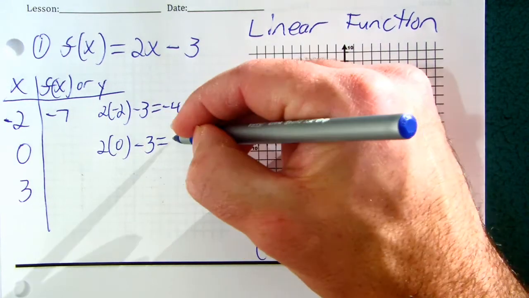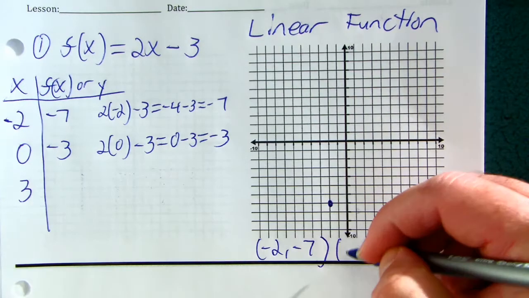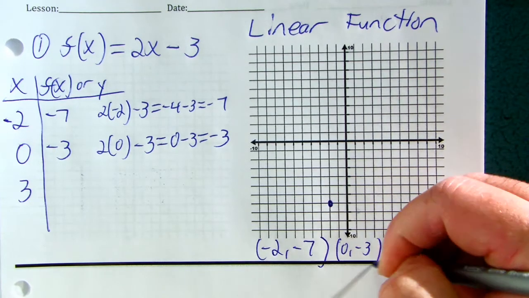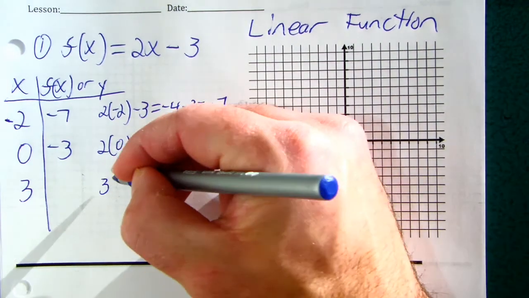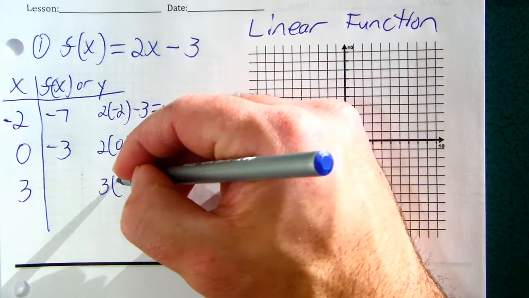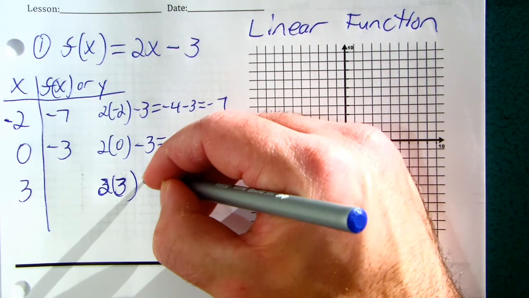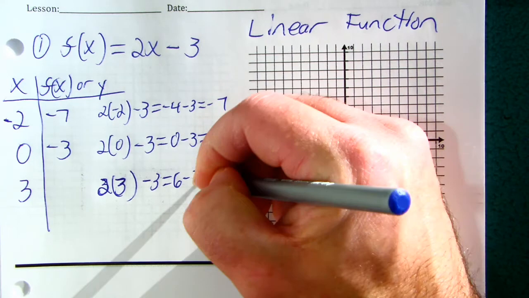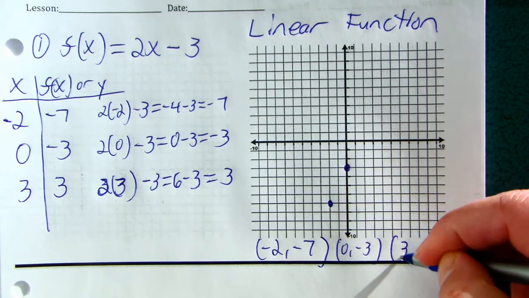So it's going to be 0 minus 3 is -3. Oops, 2 times 3, sorry. And then minus 3. So we're going to get 6 minus 3 is 3. So we got 3, 3 then for our third point.